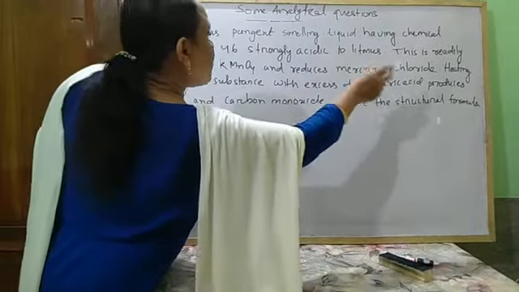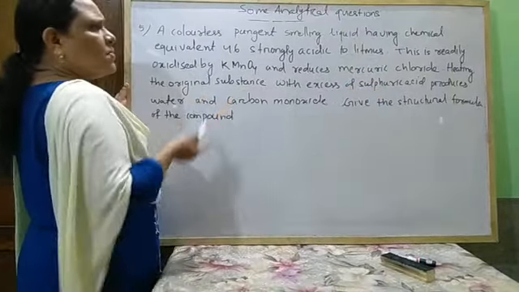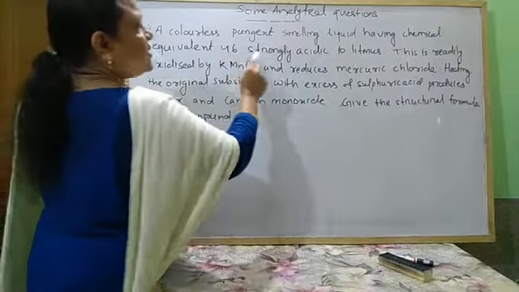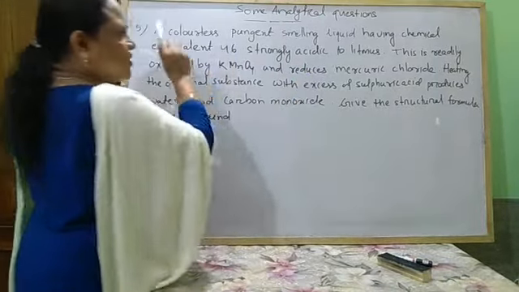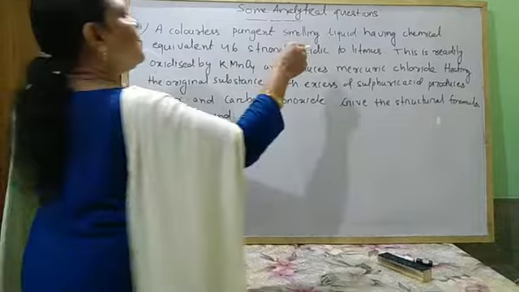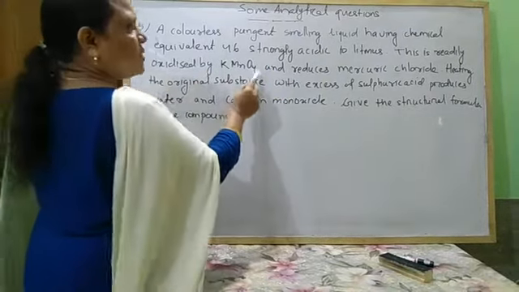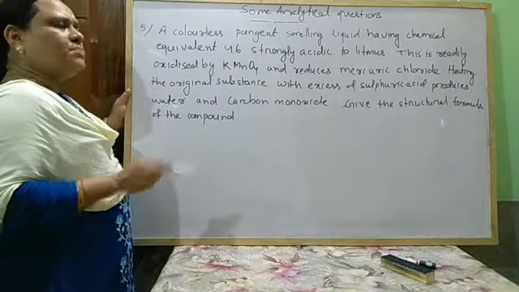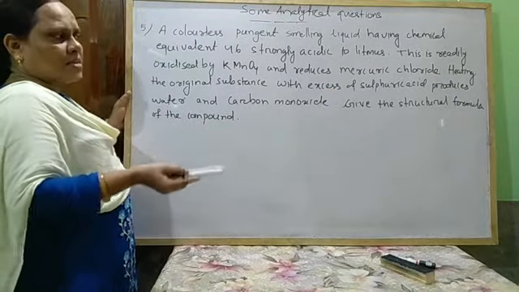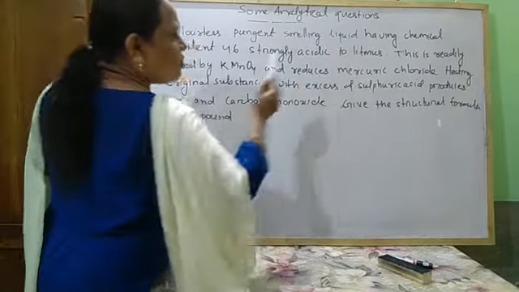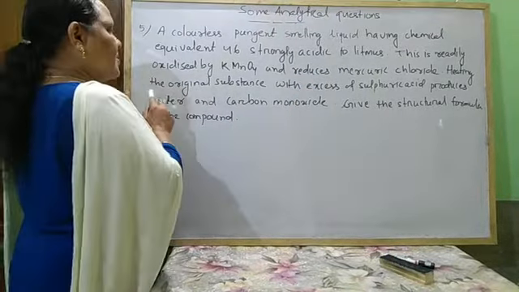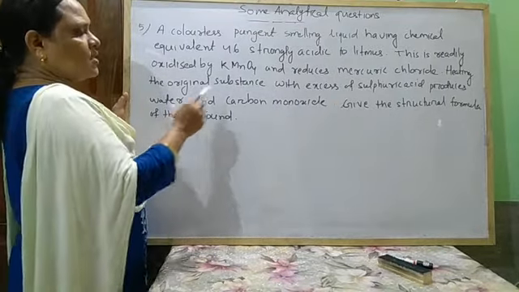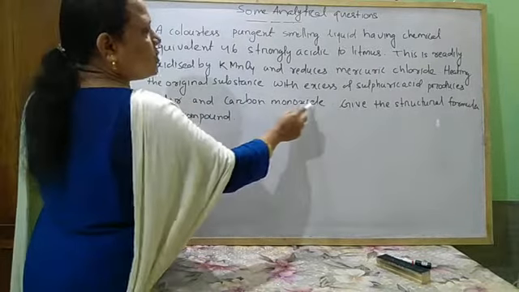And again, what is given? You have to write this point like this. As the chemical equivalent is 46 and this is strongly acidic to litmus, this is a carboxylic acid. It is oxidized by potassium permanganate and reduces mercuric chloride. So the acid is formic acid because other carboxylic acids do not reduce mercuric chloride. Heating the original substance with excess sulfuric acid produces water and carbon monoxide.